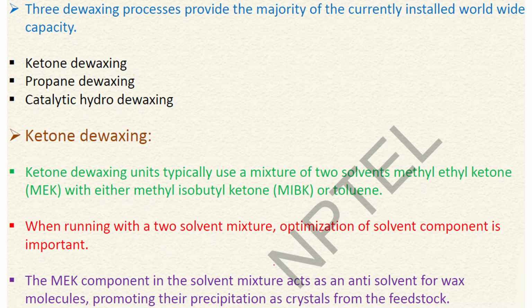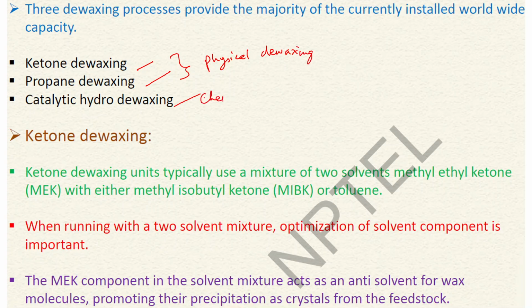Three dewaxing processes are present worldwide. The first one is ketone dewaxing, then propane dewaxing, and then catalytic hydro dewaxing. Ketone dewaxing and propane dewaxing are the physical separation methods, physical dewaxing methods.